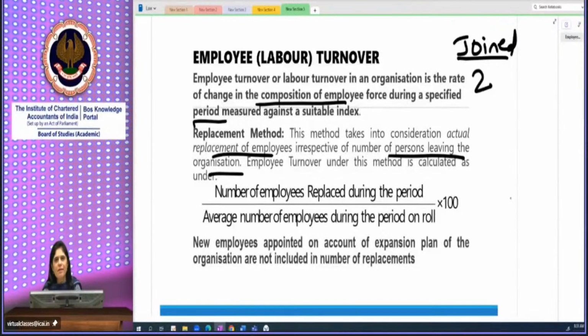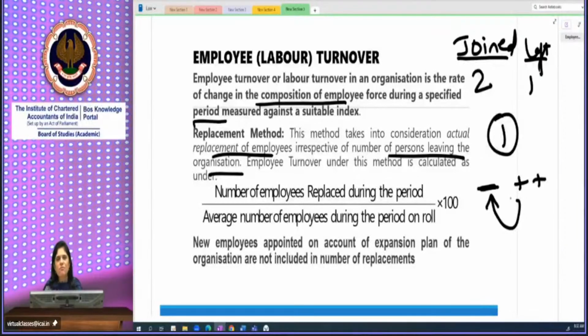Let us say two persons have joined and one person has left. So the replacement is one only. There was one vacancy, and one has joined in place of this, and the other one is a new joining. Clear? So this one is the replacement.